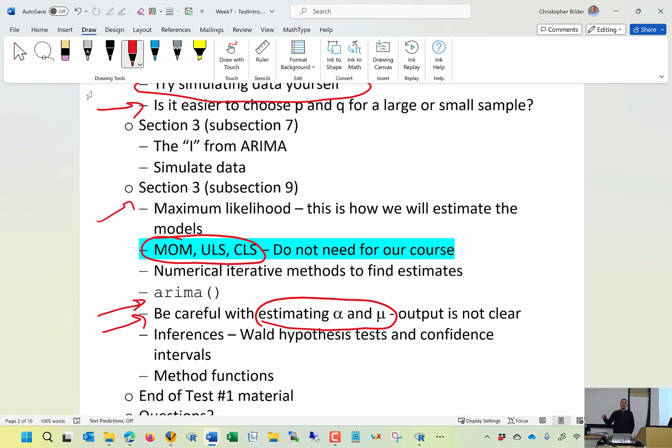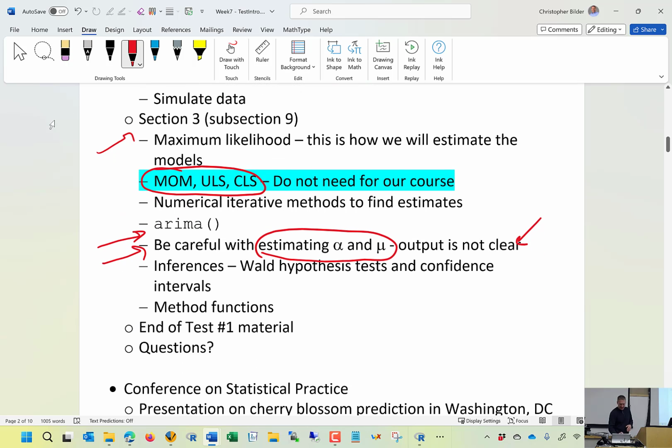Unless there's differencing, we will always want to estimate alpha or equivalently estimate mu. And unfortunately, the output that's given by arima is not necessarily clear about what that estimate is. I think, to be honest, I wouldn't have labeled it as it is given.